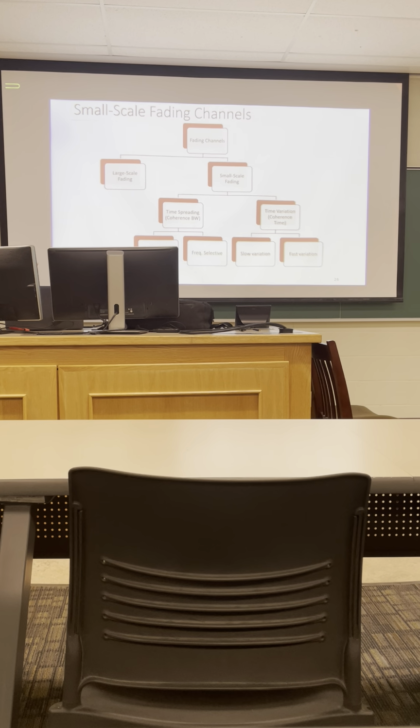Okay, so keep in mind we have fading. This is what we are suffering from when we send the signal over a wireless communication channel. You have fading. This fading can be large scale or small scale. In small scale, there are two different points of view.